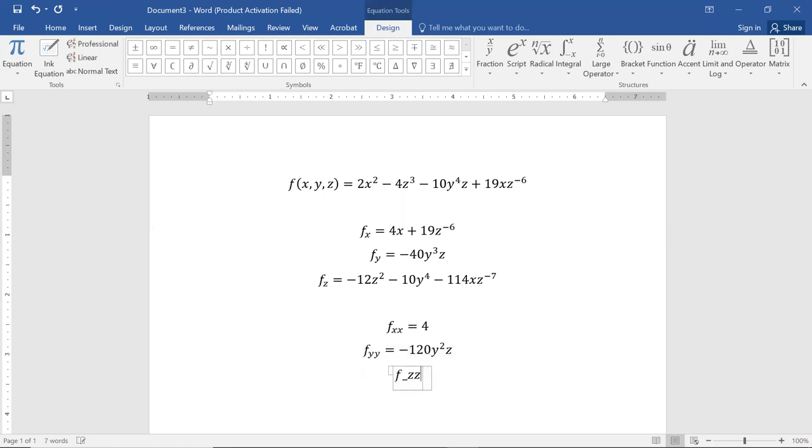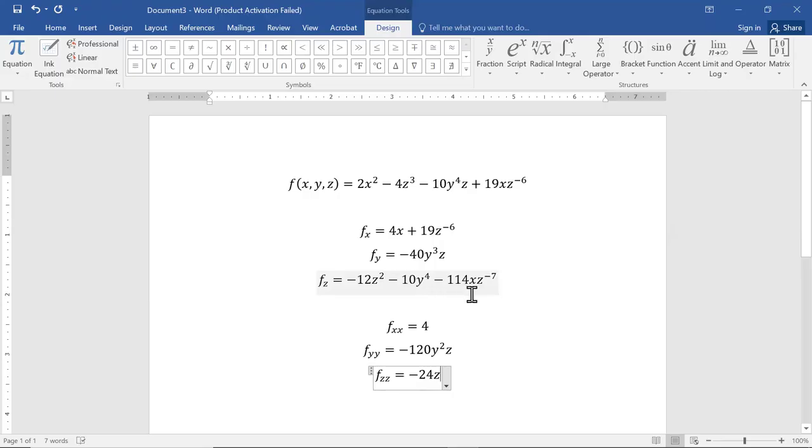F sub zz: take a derivative of this with respect to z, you get negative 24 z to the first. Derivative of negative 10 y to the fourth with respect to z is 0.